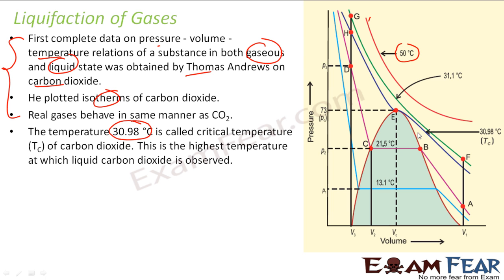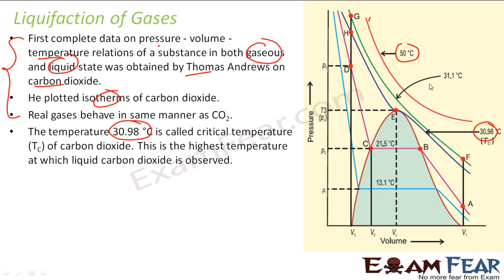And if you decrease the temperature further, he found that he could easily get the liquid state. But above 30.98 degrees Celsius, no chance of getting carbon dioxide in a liquid form, no matter what pressure or volume you put, right? So the maximum temperature at which carbon dioxide is in liquid state was 30.98 degrees Celsius.